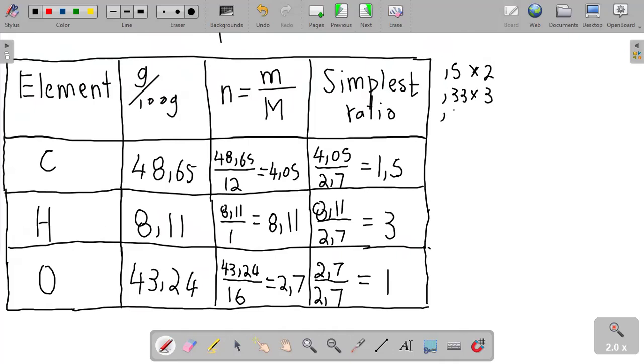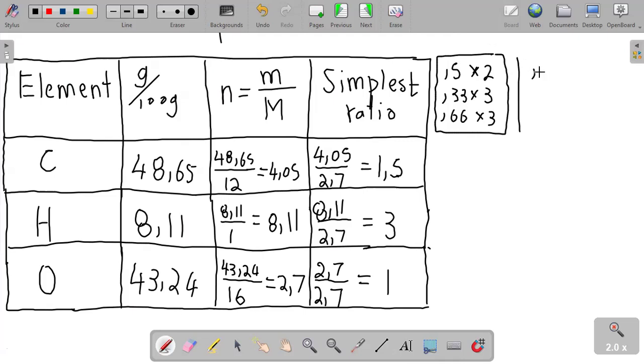If you have 0.66, you also multiply by 3. Anything with 0.5, like 1.5 or 2.5 or 3.5, you multiply by 2.